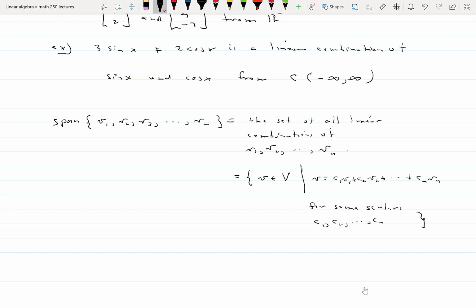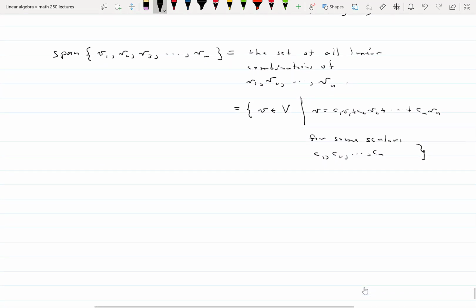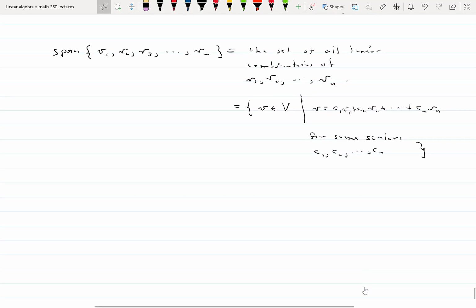The set of every possible linear combination of a set of vectors is called the span of the set of vectors.